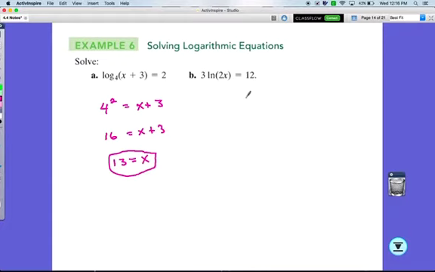Alright, for b, I need to get that log by itself. So I need to get rid of the 3 first. So if I divide the 3 over, this gives me the natural log of 2x is equal to 4. Now I'll rewrite it as an exponential. Since a natural log has a base of e, this will be e to the 4 is equal to 2x.